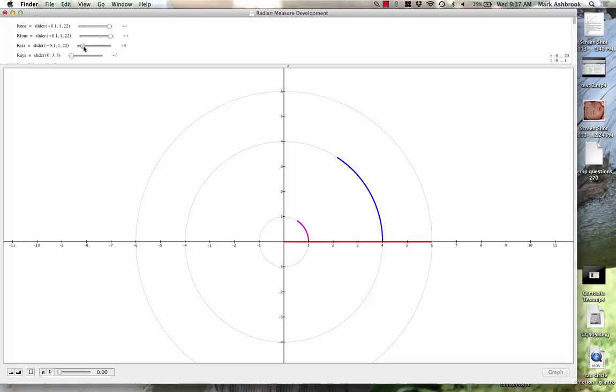Watch it. Don't forget it. I'm going to take that radius. I'm going to wrap it on its circle. So now you have 3 arc lengths. I want you to talk for a minute.